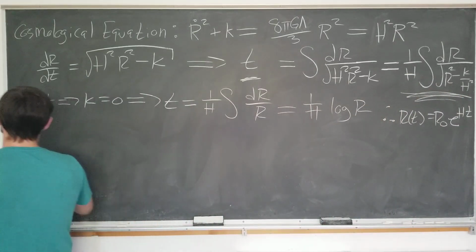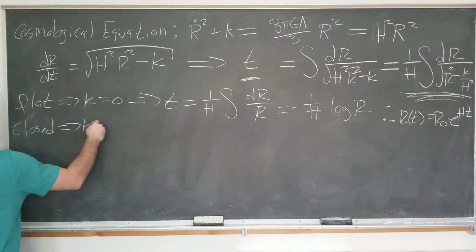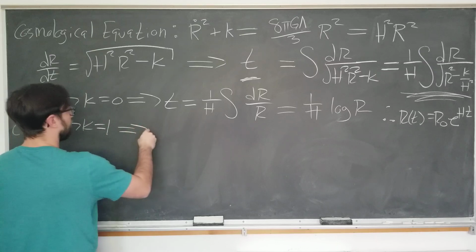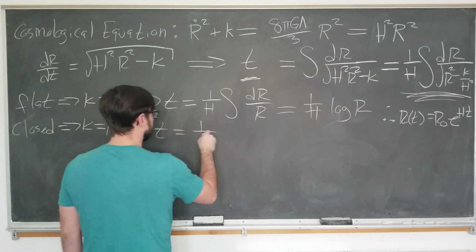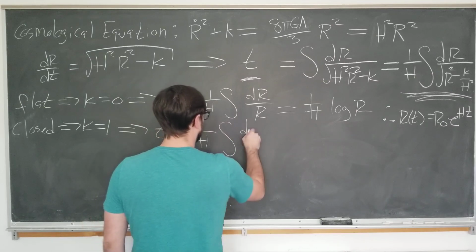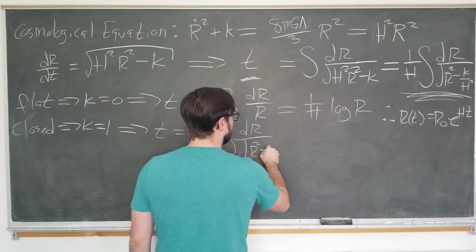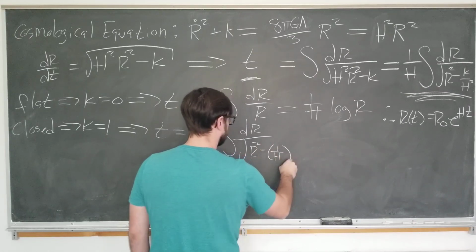If we have a closed universe, then k is equal to 1, and t is equal to 1 over H integral with respect to r over the square root of r squared minus 1 over H squared.